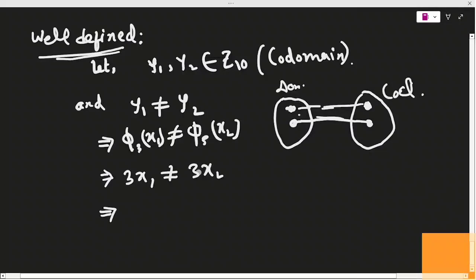Yes, definitely you can divide both sides by 3, or eliminate 3 from here.